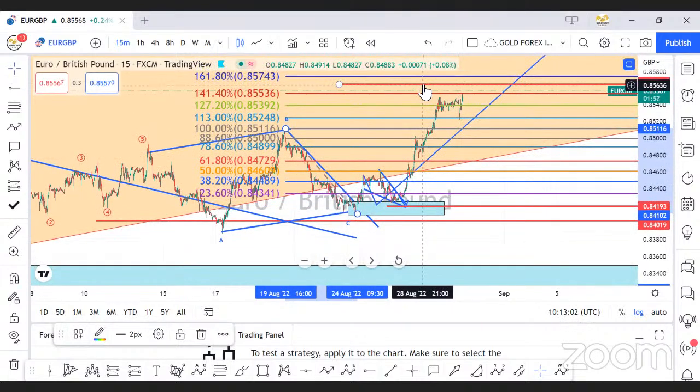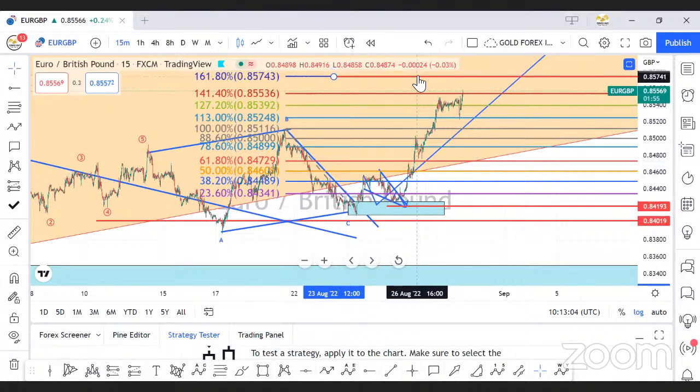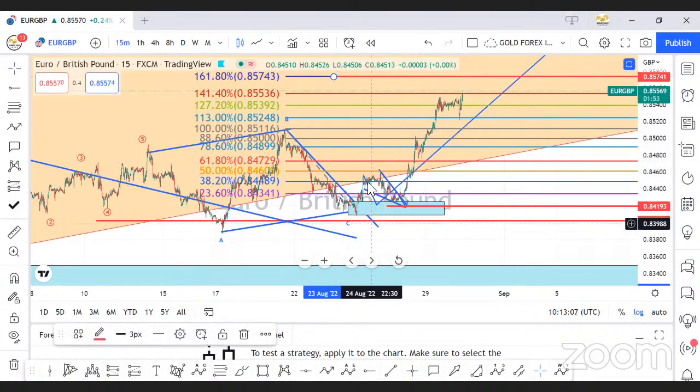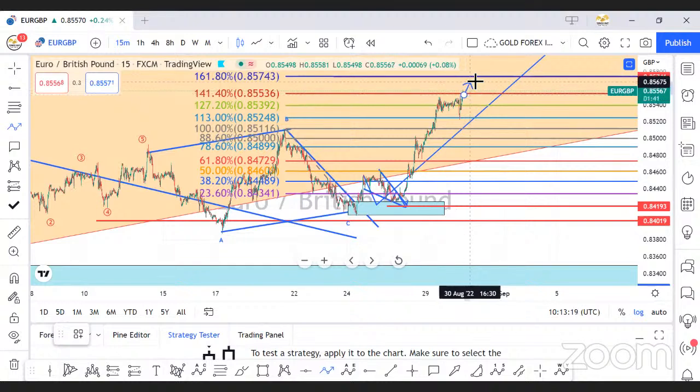Let's hope that maybe we could see this level 1, 2, 3, 4, 5, ABC, then before we go. So maybe it can bounce off from here and we'll see a very good retracement around this level into this zone.